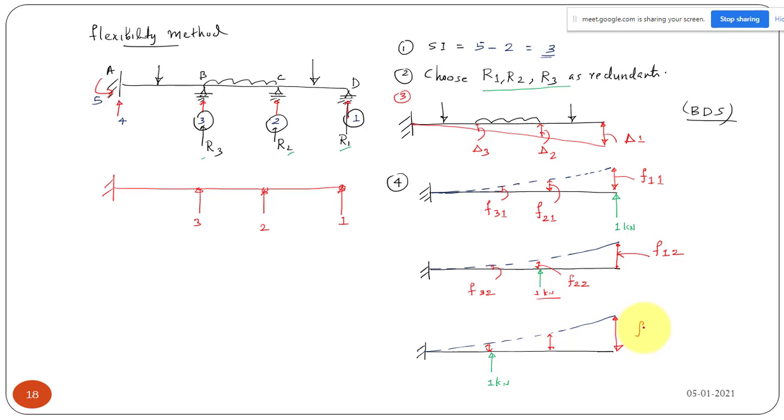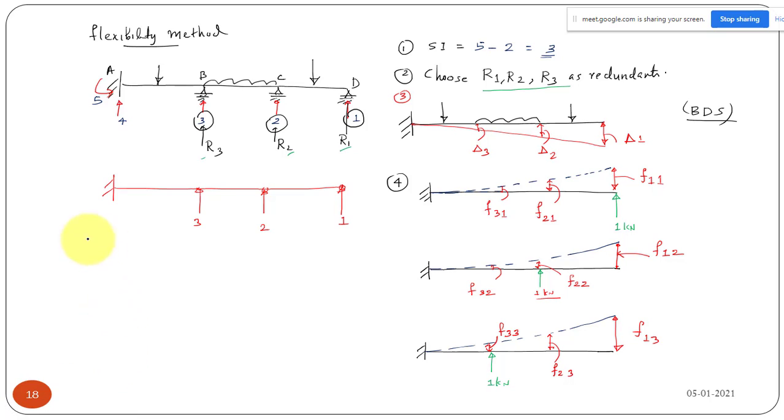So this will be the deflection at coordinate 1 due to load at coordinate 3. So F13, it is called F23, and this is your F33. Okay, so generally I can write like this.